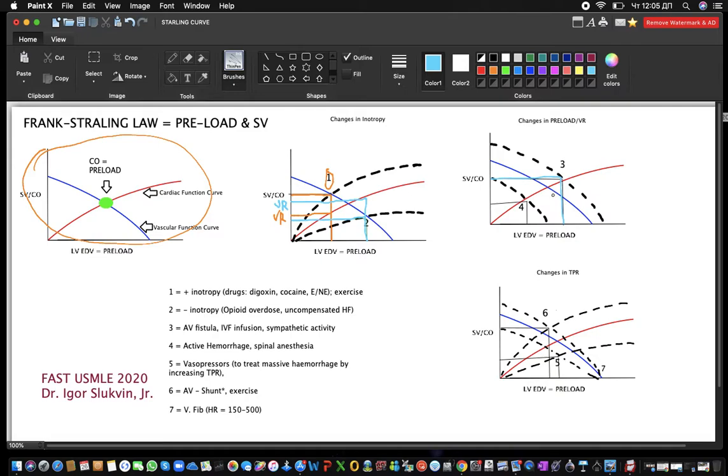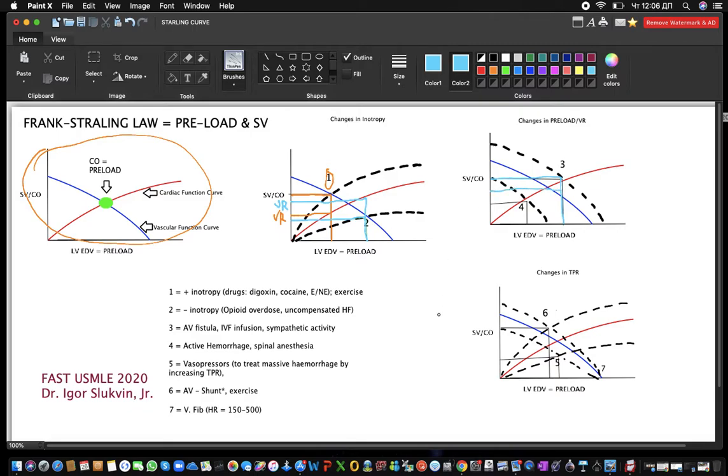But notice it's above the vascular function curve, and that is because you have more venous return than with the normal curve.